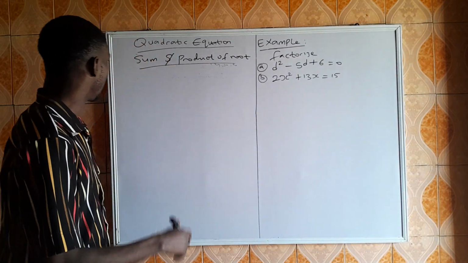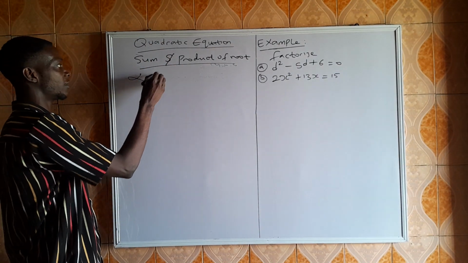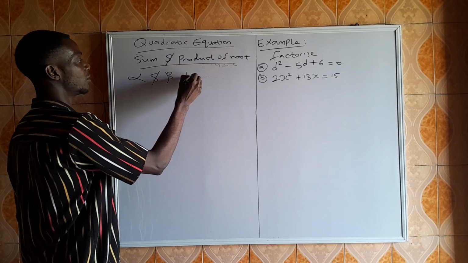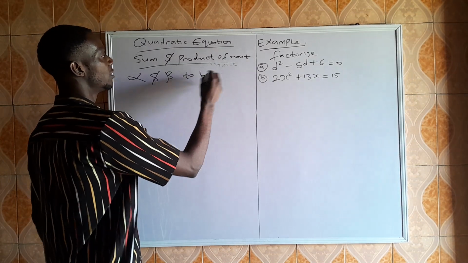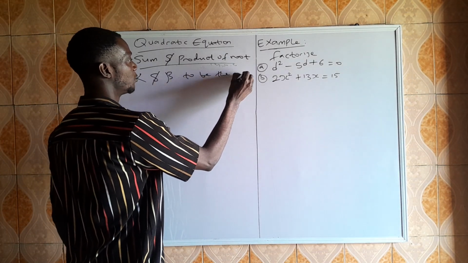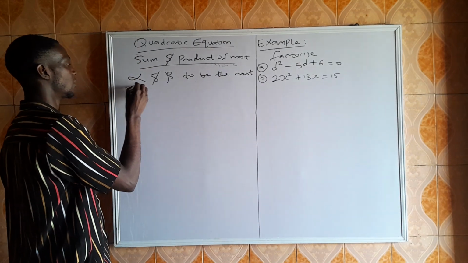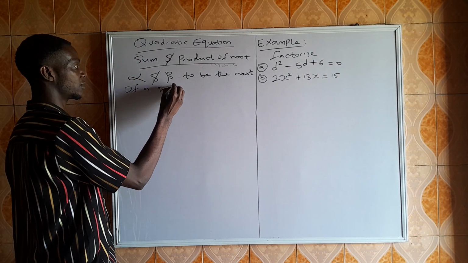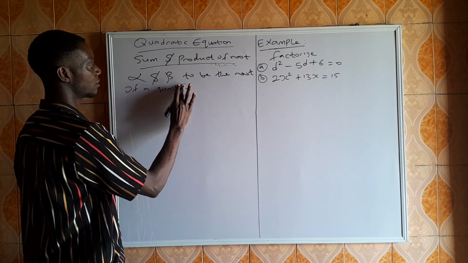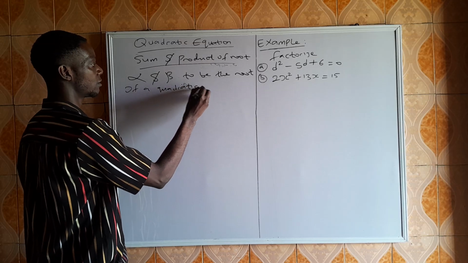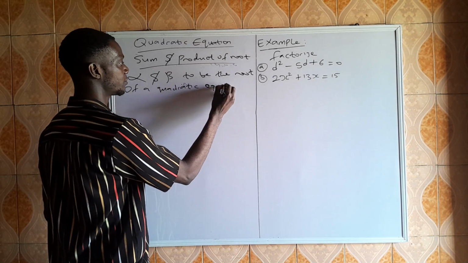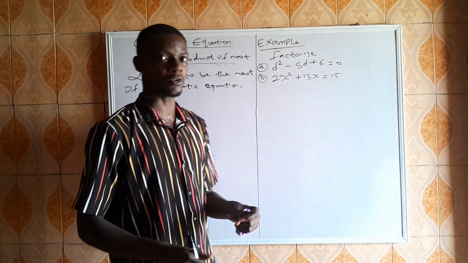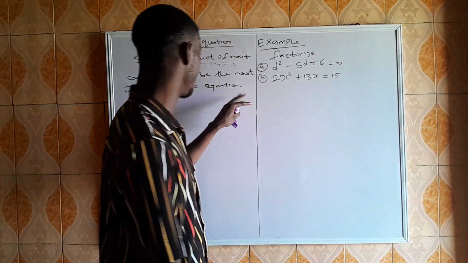Assuming you have alpha and beta to be the roots of a quadratic equation, we want to find the product of the roots and also the sum of the roots.